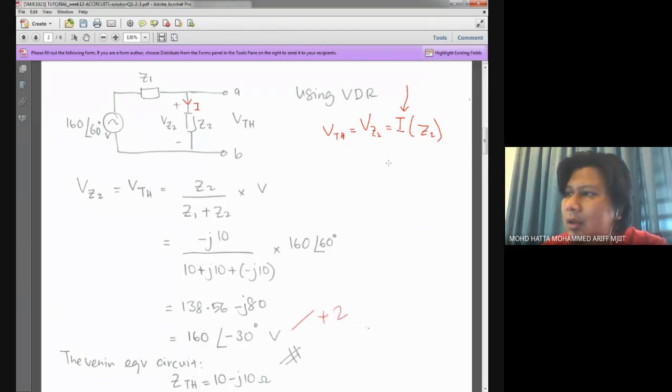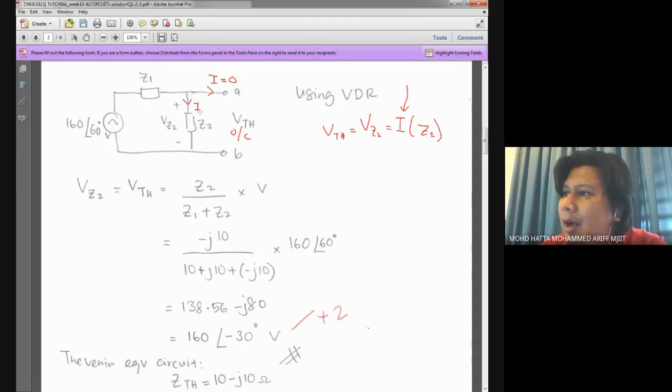Flowing through Z. And in order to know the current over here, you need to refer back to your circuit, where you consider this one as open circuit. This is open circuit. And again, if this is open circuit, it means that the current over here, I, is equal to 0. There is no current flowing through this part.